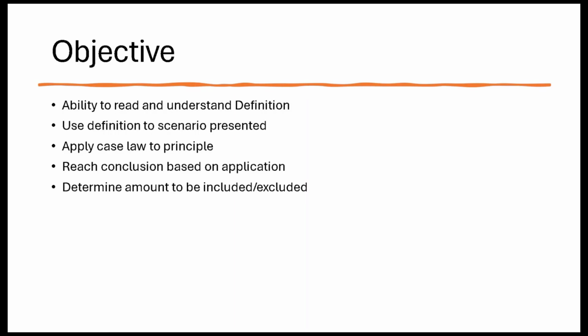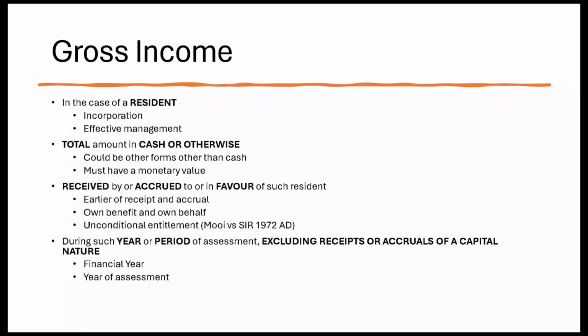So I'm going to start with the first definition, and that's the gross income definition, Section 1 of the Income Tax Act. Now, in the gross income definition, there are a lot of components that require one to think and look at what needs to be present for something to be included in gross income. We'll deal with each component, and we'll look at it from two perspectives.